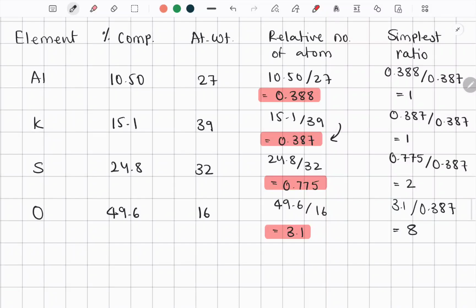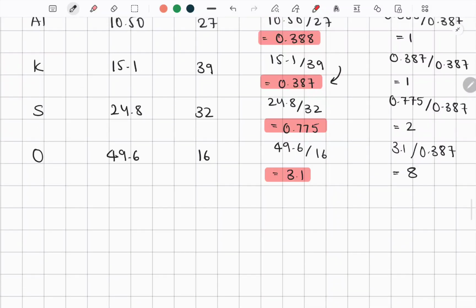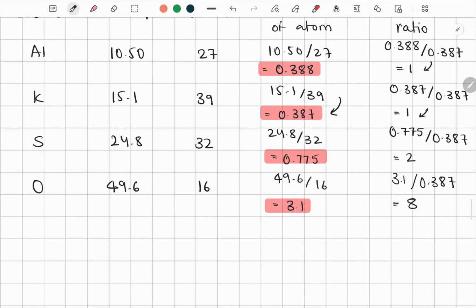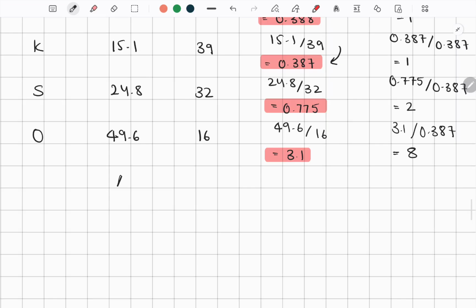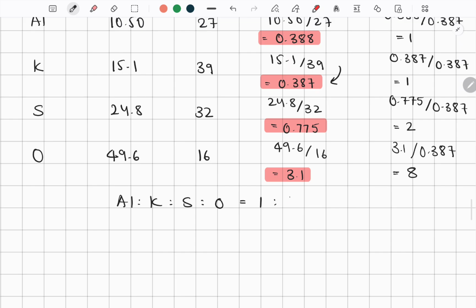Perfect. Now as these are all simple whole number ratios, we put them into the empirical formula. Aluminium to potassium to sulfur to oxygen is 1 to 1 to 2 to 8.